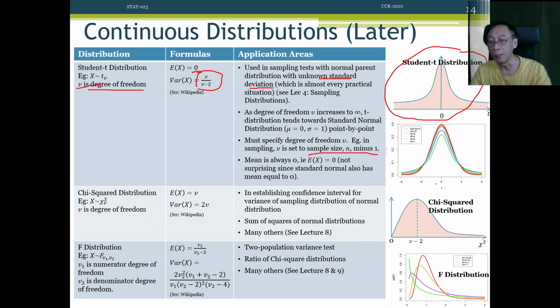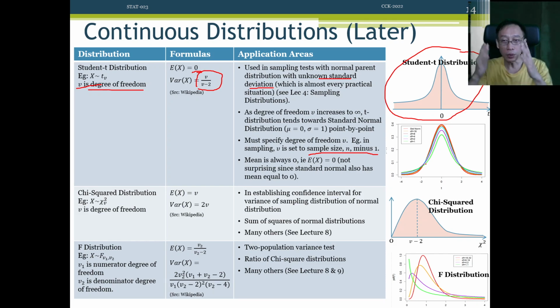So it's symmetrical about 0, and the standard normal distribution centered at 0 is the sort of envelope around the whole family of infinitely many T distributions. So that is from the picture.